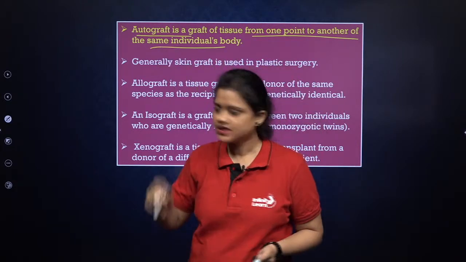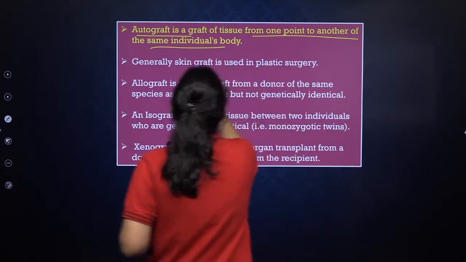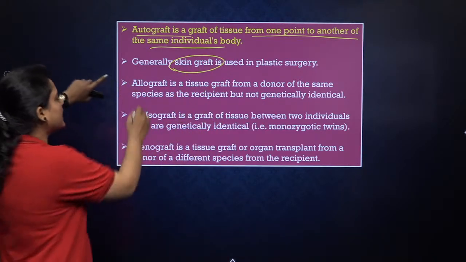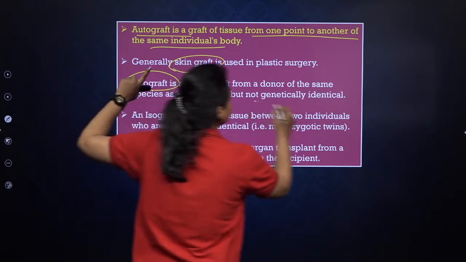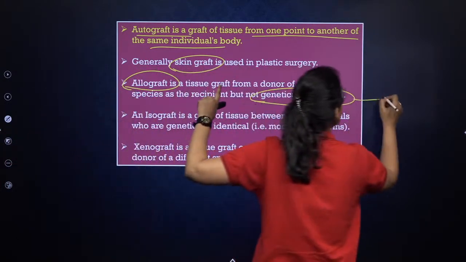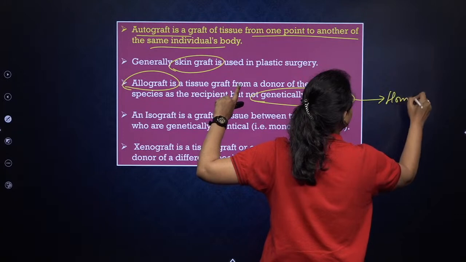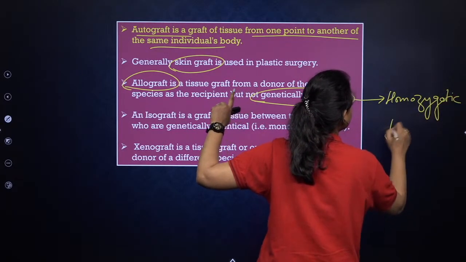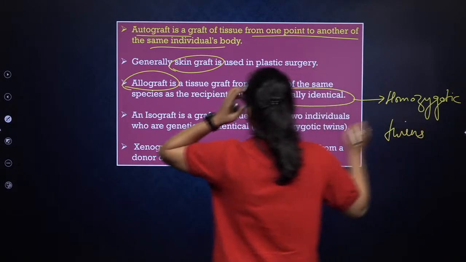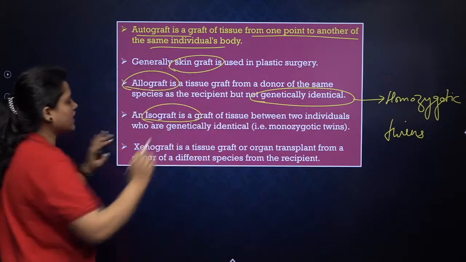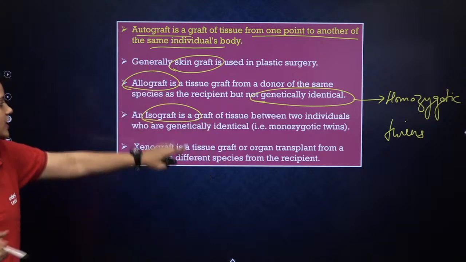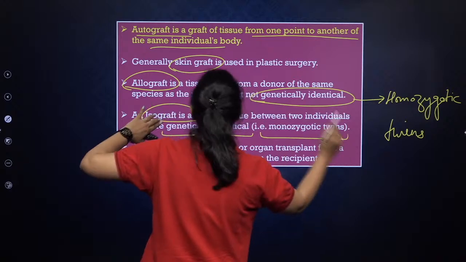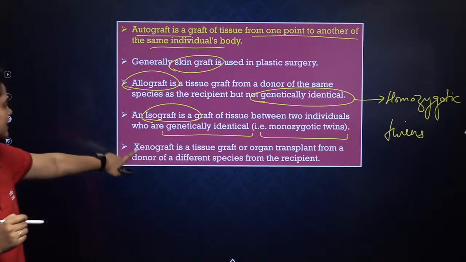This is important. Now we know that skin graft is usually taken for plastic surgery. Isograft is a graft of tissue between two individuals who are genetically identical, that is monozygotic twins.